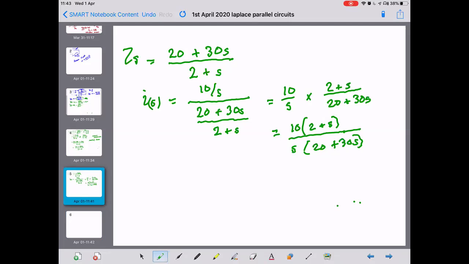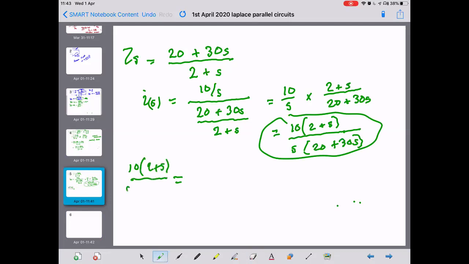We've got to write it as partial fractions, so we can say that this expression can be written as 10 times 2 plus s over s times 20 plus 30s is equal to A over s plus B over 20 plus 30s.